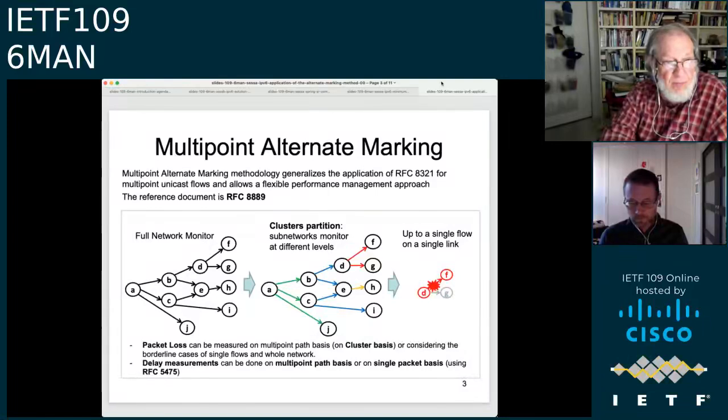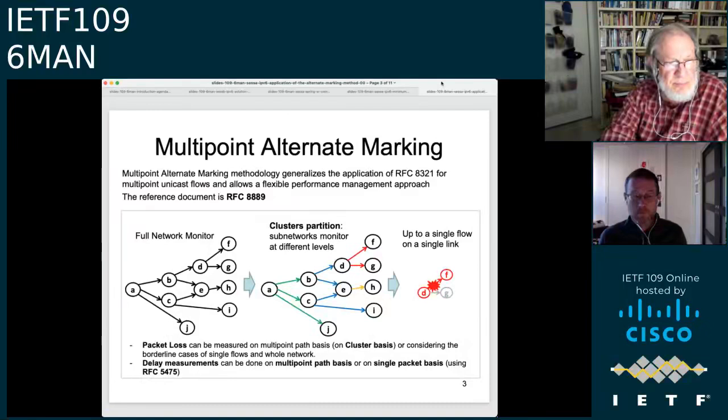In this case, you can also monitor the full network, or otherwise you can select the subnetwork to monitor at different levels. This allows a flexible performance management approach. So you can go to monitor a subnetwork up to a single flow or a single link.